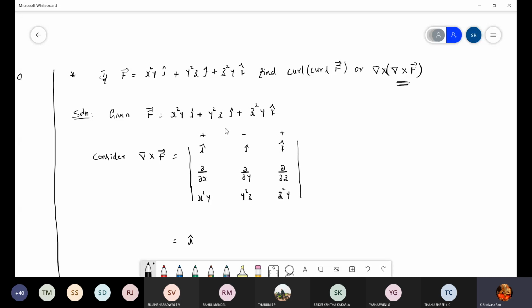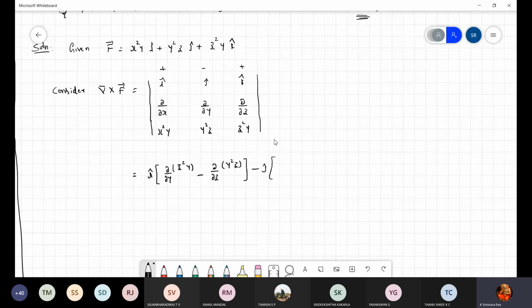Let it be i cap into dou by dou y of z square y minus dou by dou z of y square z. So for the simplification, if you are perfect with the concept of vector and partial differentiation, you can avoid this step and write the direct answer.